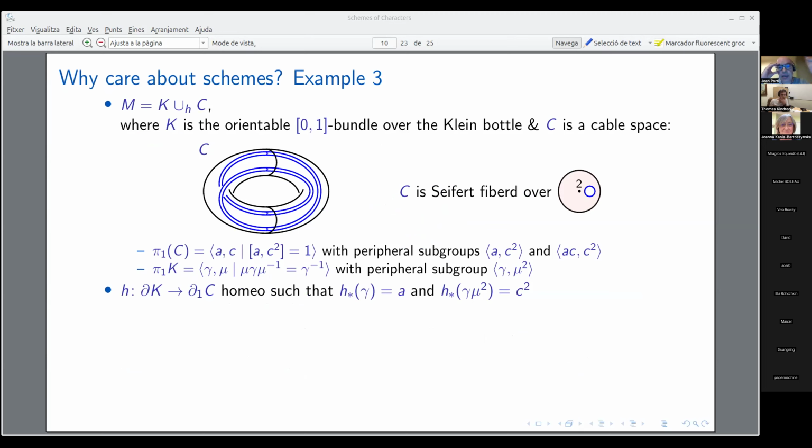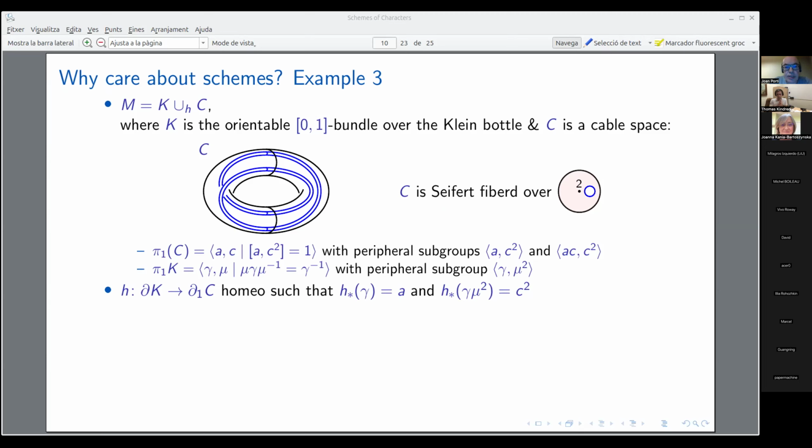And this is the orientable interval bundle over the Klein bottle. So it's a manifold with one boundary component, which is the two torus. And this two torus, in fact, is the orientation covering of the core of this manifold, the Klein bottle. Okay. The other one is a cable space, which is, well, a exterior of a torus link, but here is a picture.